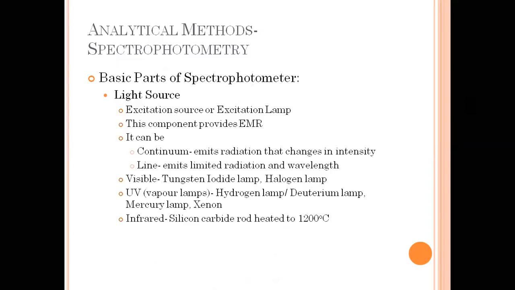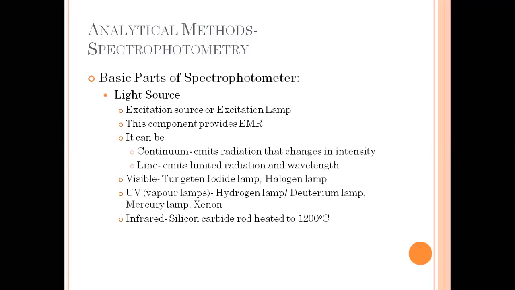So light source is also known as the excitation source or the excitation lamp. So this component of your spectro provides your EMR or the electromagnetic radiation. So your light source can be continuum, okay, or line. When you say continuum, it emits radiation that changes in intensity.